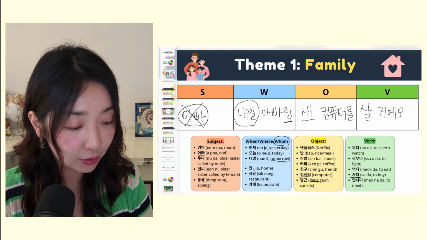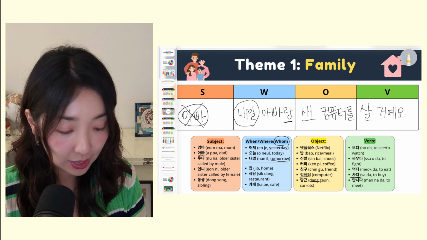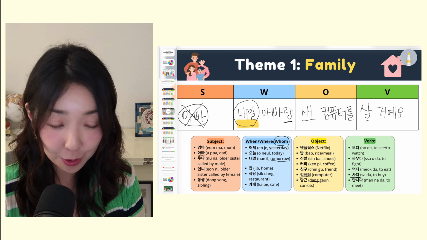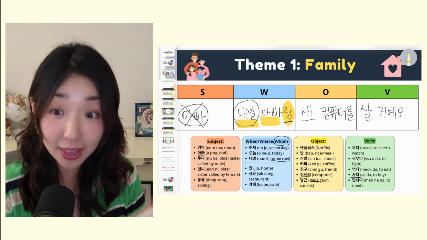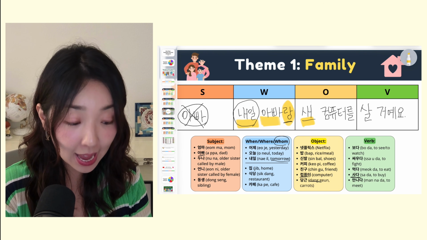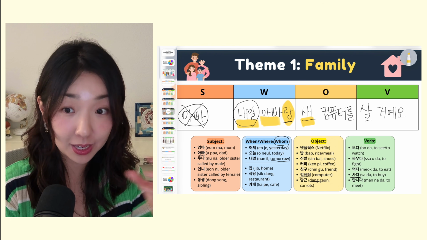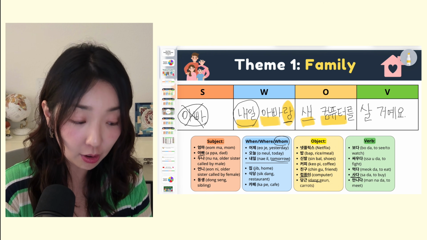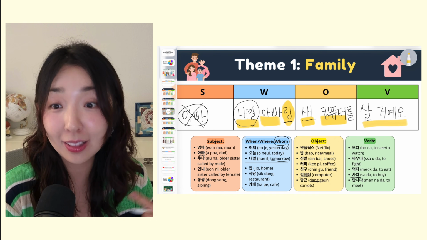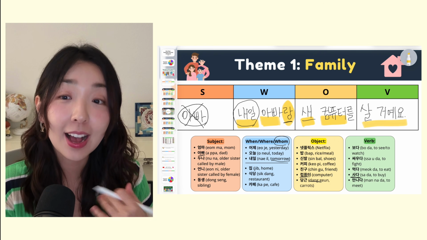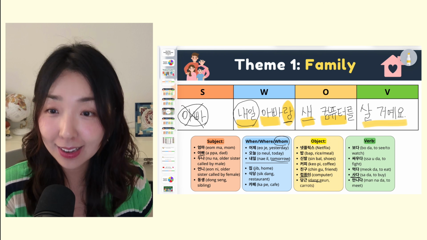So now I can read you the full sentence slowly. 내일, tomorrow, 아빠, dad, 랑, with my dad. 새, new, adjective, right before the noun, which is computer, 컴퓨터를 살 거예요, will buy. 내일 아빠랑 새 컴퓨터를 살 거예요.